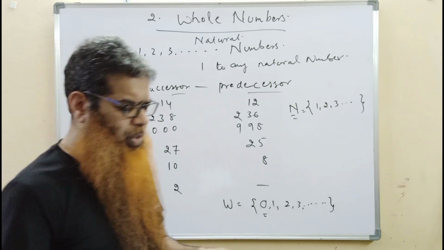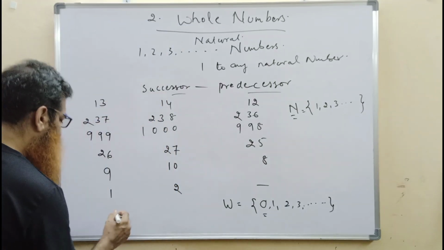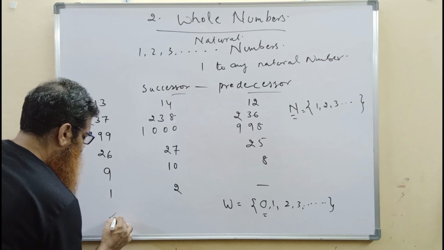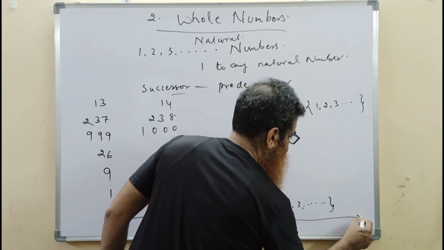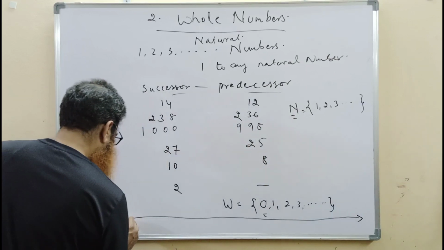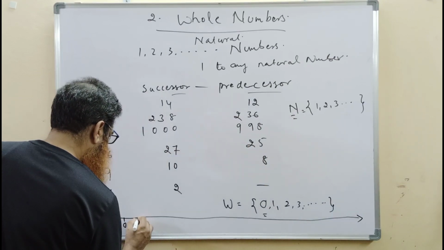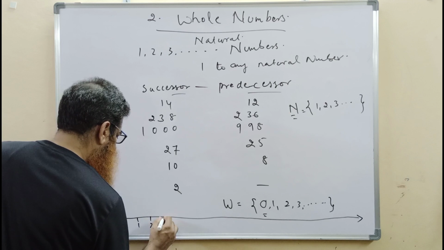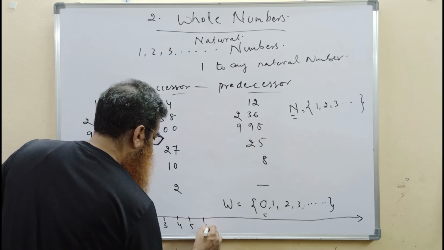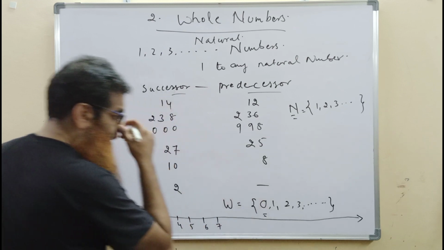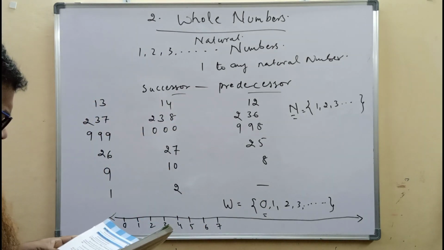The number line for whole numbers is: 0, 1, 2, 3, 4, 5, 6, 7, and on and on.